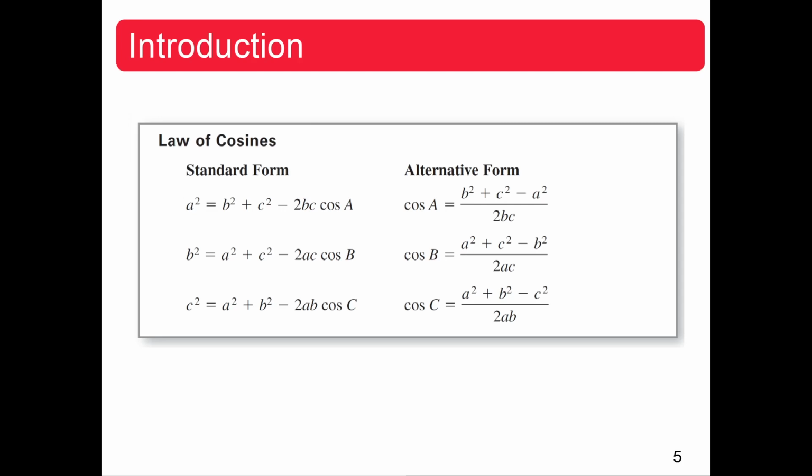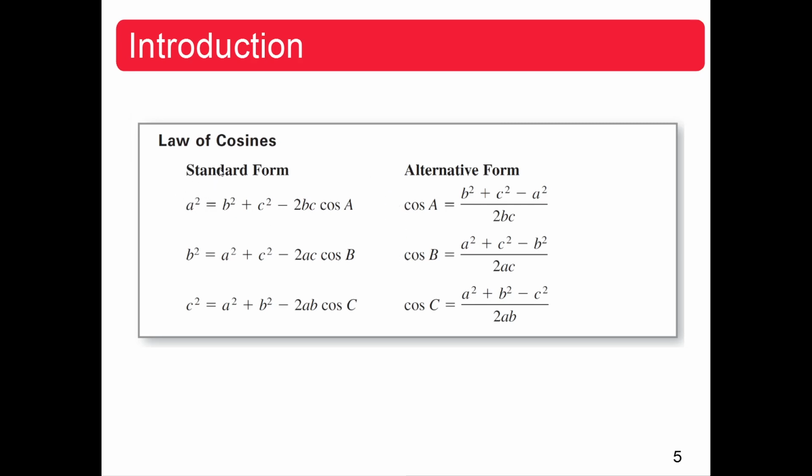And now you see why this is called the law of cosines, because this particular formula uses the cosine of the known angle. Now, if we look at the other remaining standard forms, you'll see the same pattern each time. To find the missing side length, we take the sum of squares of the two known side lengths minus 2 times their product times the cosine of the known angle.